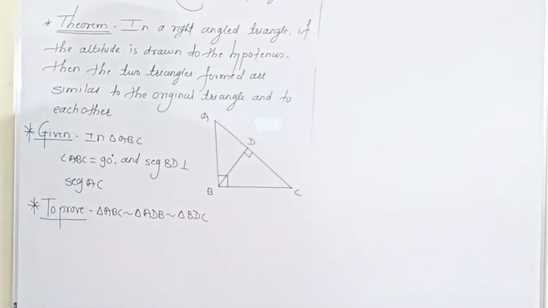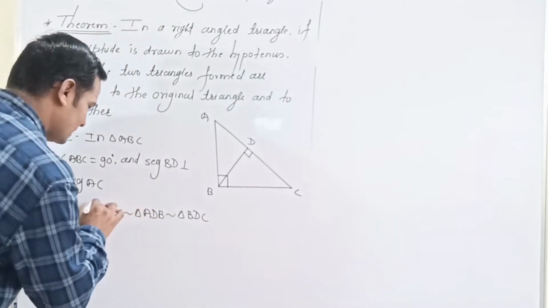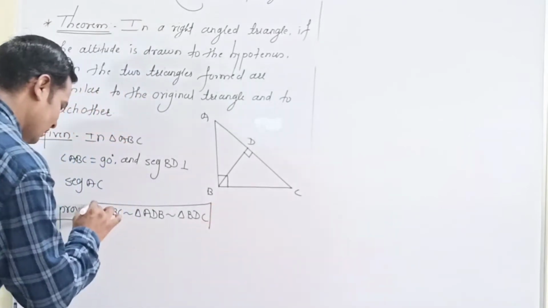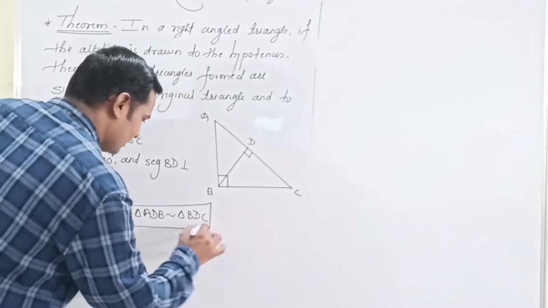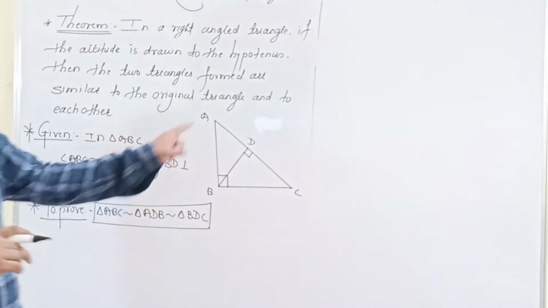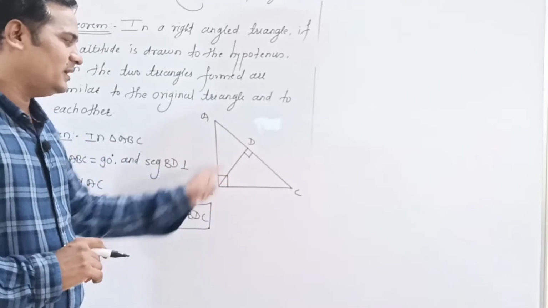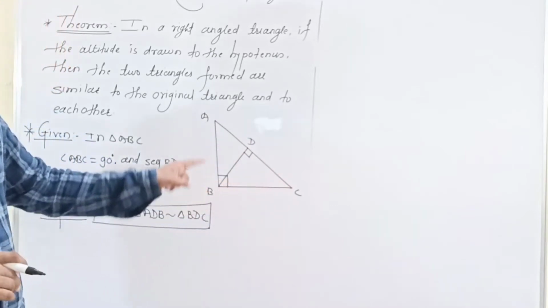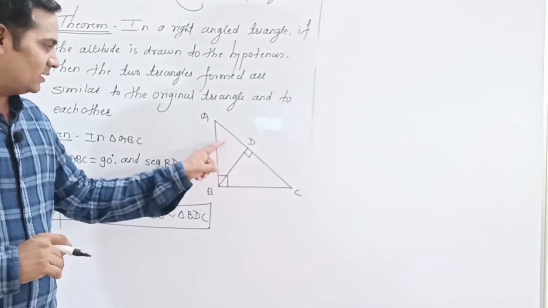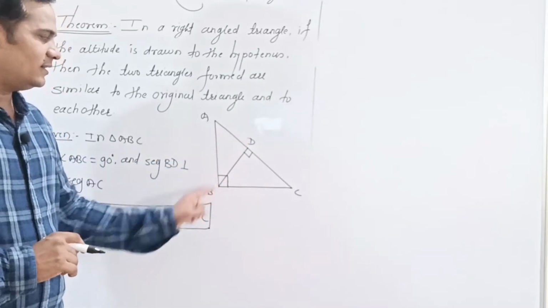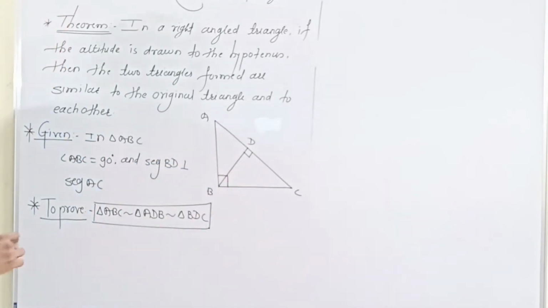Look at this. This is what we have to prove here. That means these three triangles are similar to each other. That means ABC similar ADB, ABC similar BDC, not only these two, but these two triangles also, ADB similar to triangle BDC. Okay, so let's prove this one.